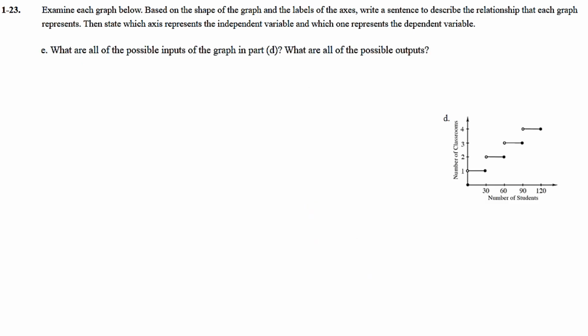Okay, 23, part E. What are all the possible inputs of the graphs of part D? So I put the graph back here and output. So again, possible input. So it wants me to describe the domain and it wants me to describe for possible outputs the range. So let's talk about domain.